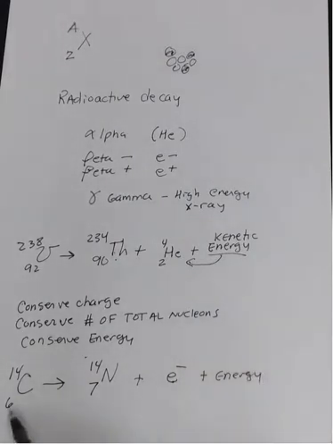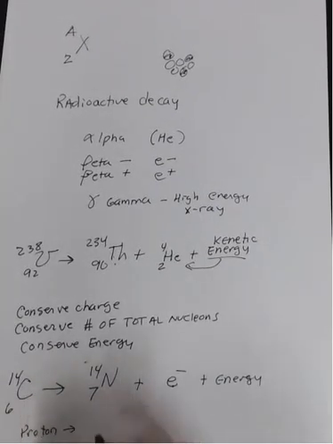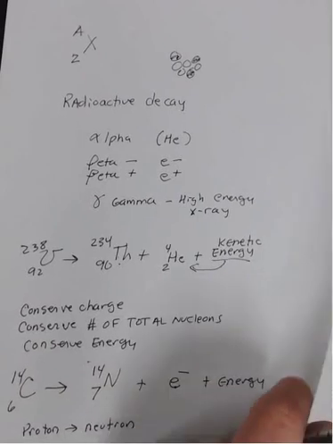So we went from 6 protons to 7 protons and an electron. So what happened? Well, in beta minus decay, a neutron gets converted to a proton. So let's just take a minute to talk about that.